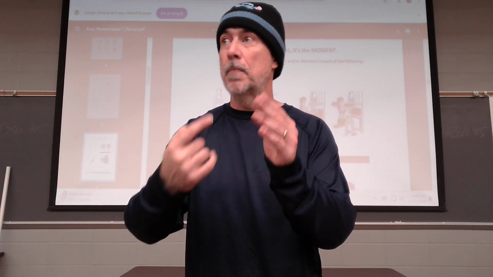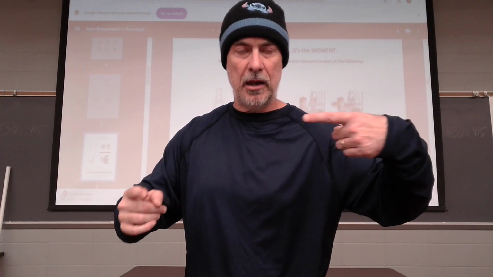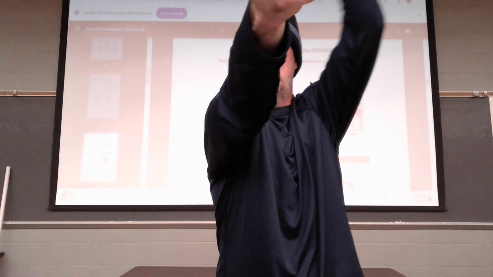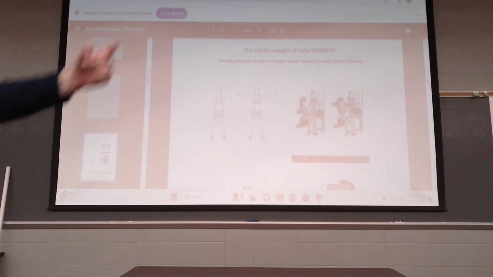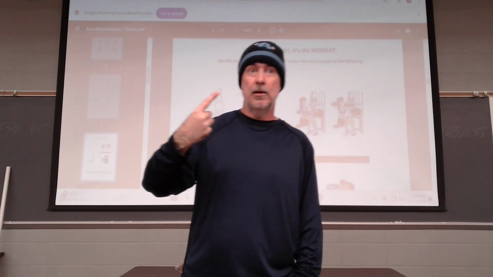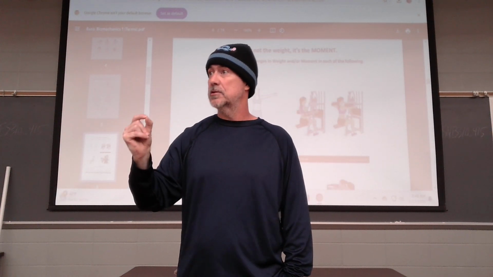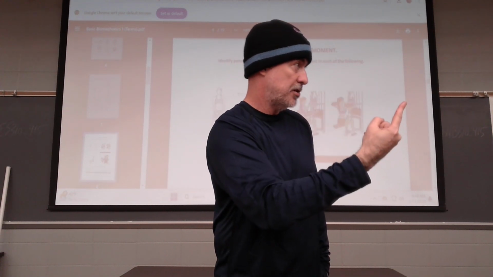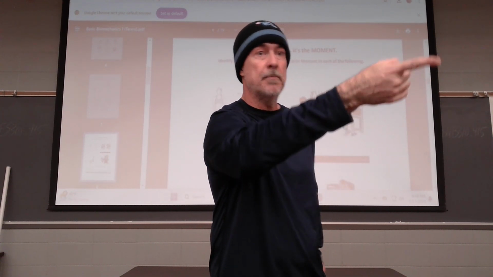You're not creating a moment. So what do you do? You apply your force, not parallel to the axis, but perpendicular to the axis. Now the force is trying to rotate the merry-go-round. Direction matters. It's a specific perpendicular force to the axis of rotation.